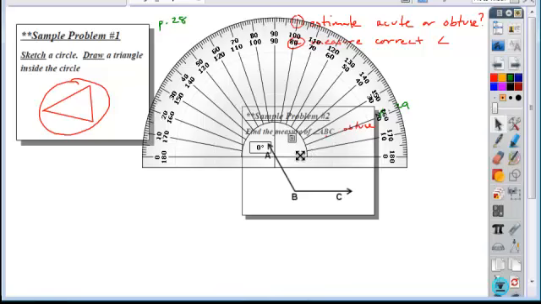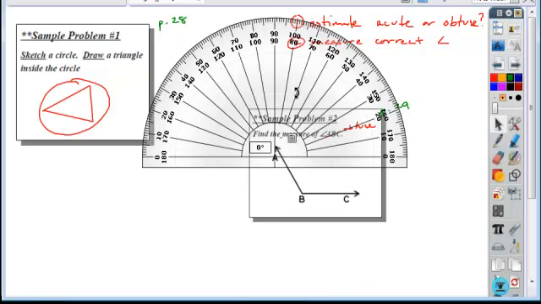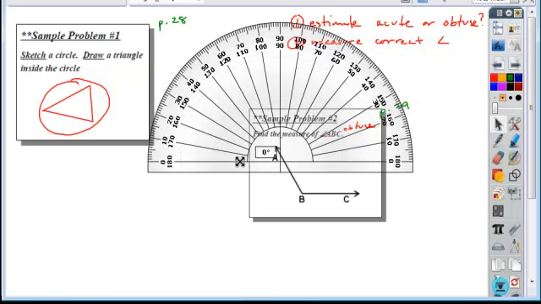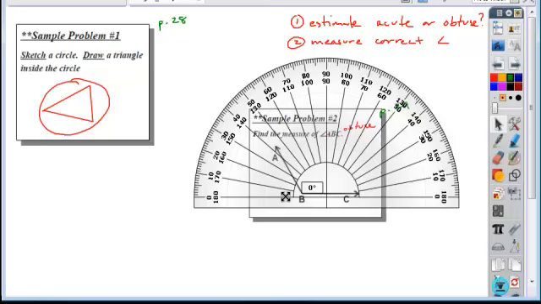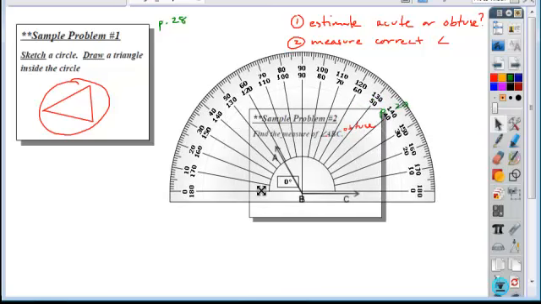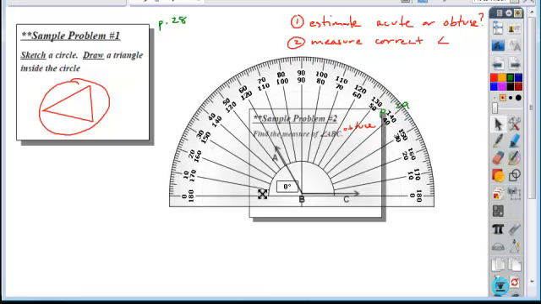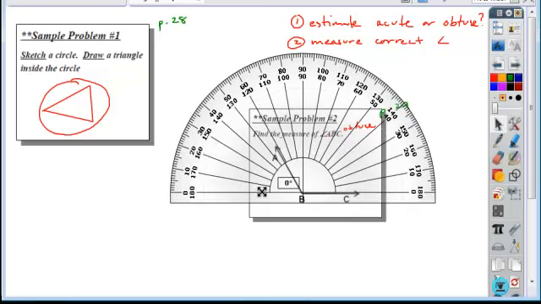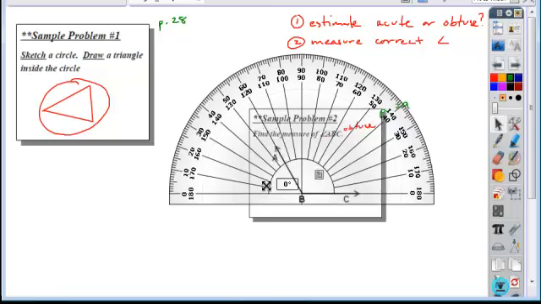But when you place a protractor crosshair, place it right on the vertex. There, point B is right on my crosshair.